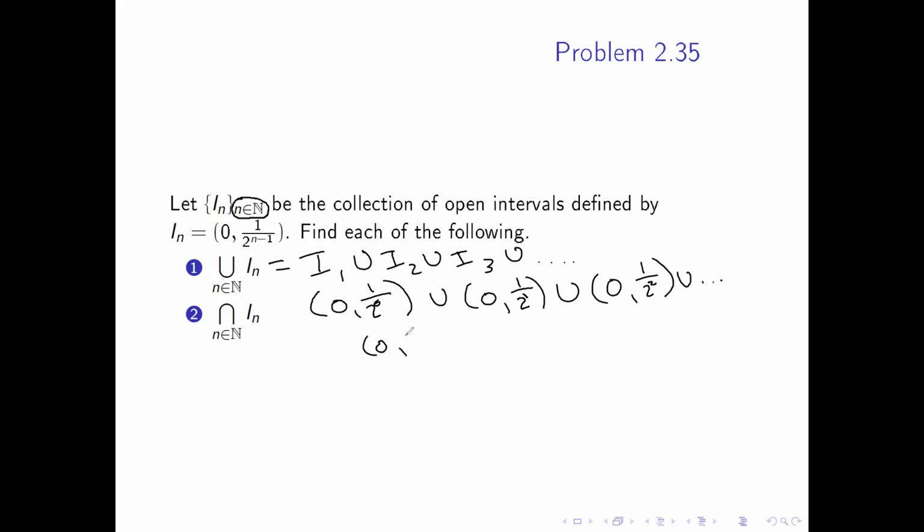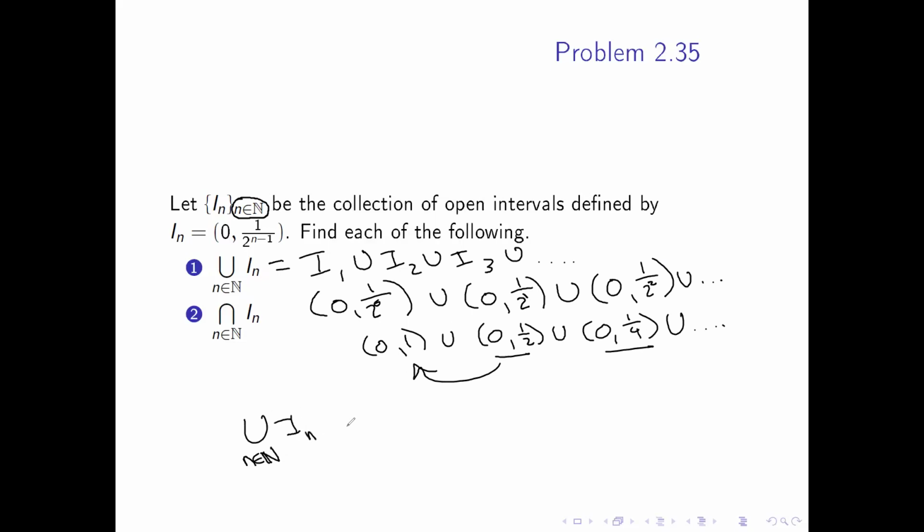Well, this is [0, 1] union [0, 1/2] union [0, 1/4] union [0, 1/8]. Notice since these are all inside of this one, the union over n in the natural numbers is equal to [0, 1].